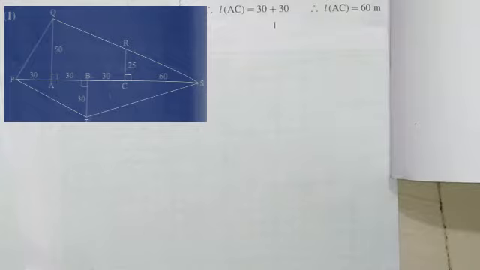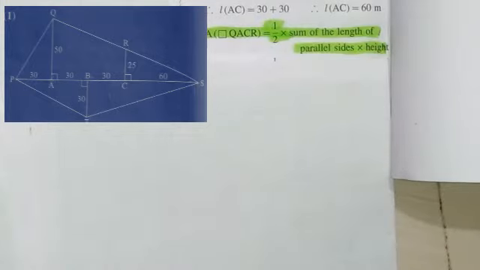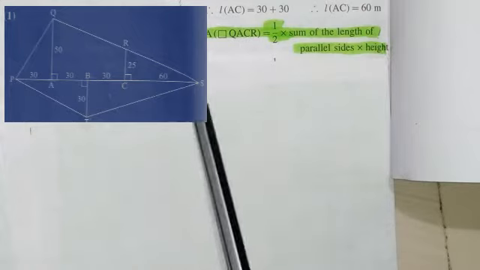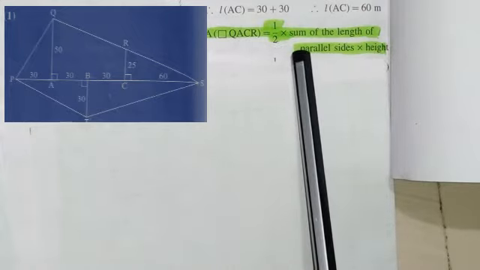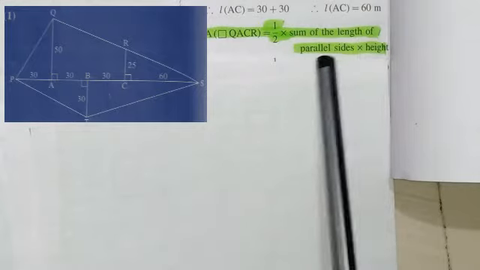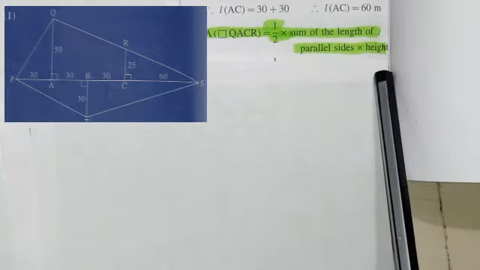Now once we got the length of AC, then we can easily find out the area of this whole quadrilateral. So let's write the formula, that is, area of quadrilateral QACR is equal to 1 upon 2 into the sum of the length of parallel sides. It means these two standing lines, multiplied with the height.